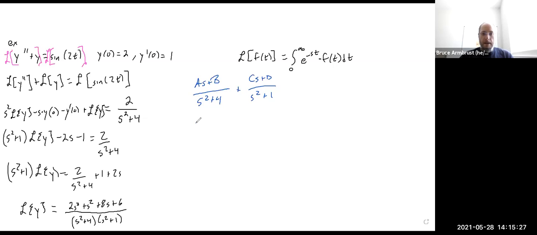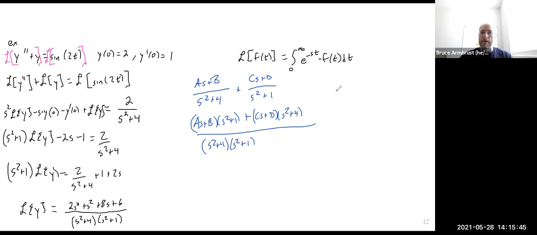Okay, so then if you get a common denominator, the top is (as plus b) times (s squared plus 1) plus (cs plus d) times (s squared plus 4). What we know is that it has to equal this thing over here. So let's group this by powers of s. For s cubed, I'm going to get a s cubed plus c s cubed.